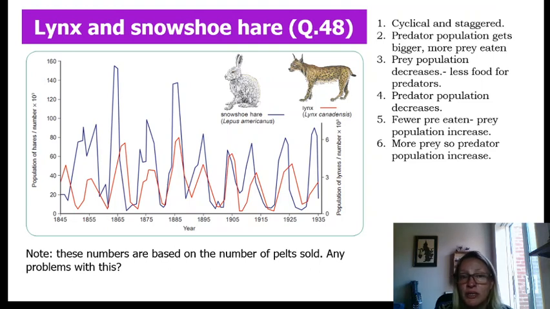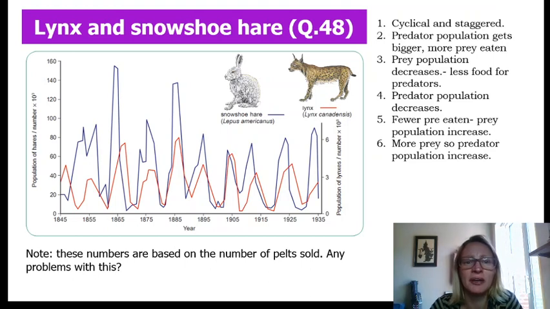So maybe doing something like either camera trap or capture recapture would be a much better way of looking at this. So I'd probably use camera trap for the lynx populations and a capture recapture method for the snowshoe hare, so you can look at that. So yeah, there's lots and lots of data out there, but that data is not necessarily reliable data, so you have to look at how that data has actually been gathered and whether it is representative of those populations.